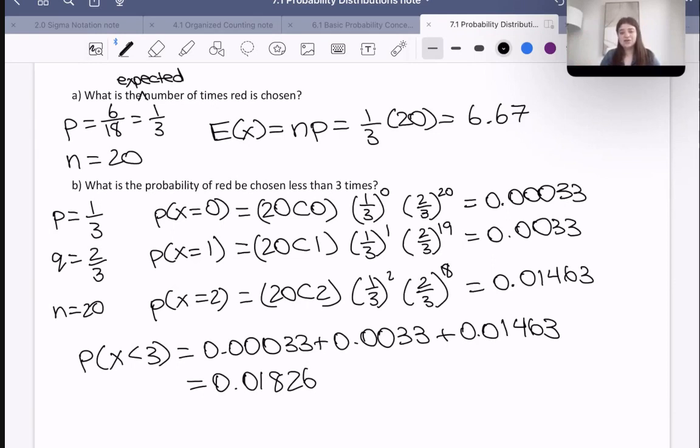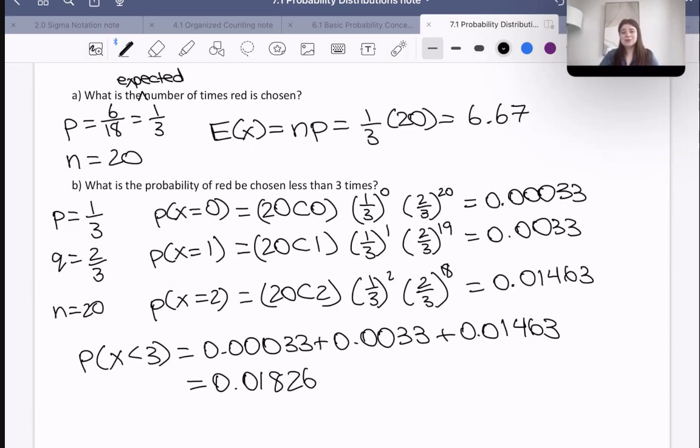It's very unlikely that I'm going to pull 20 times, pull a ball out of this container and not once get a red. It's also very unlikely that I'll get it exactly once. And it's also still a little more likely than the other 2 examples, but it's still pretty unlikely that I'll only get it twice.